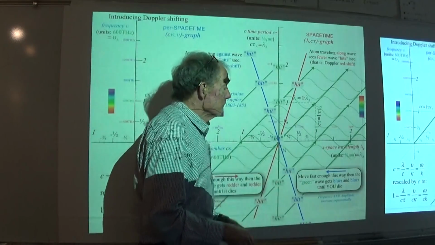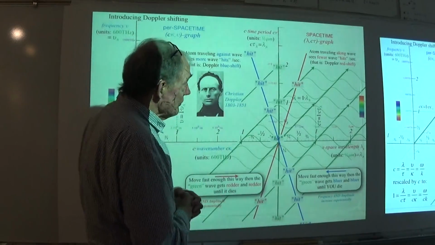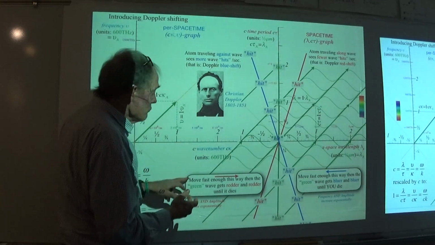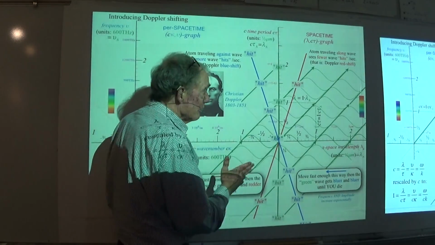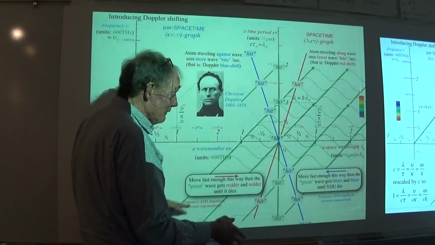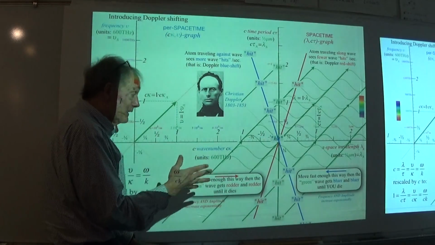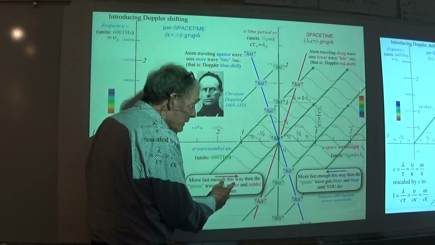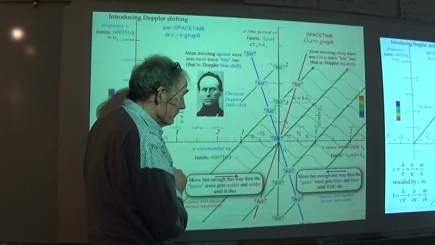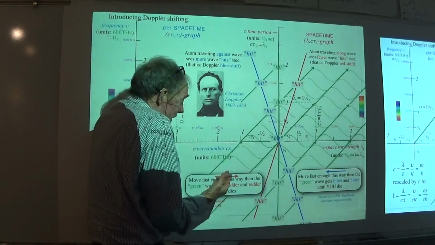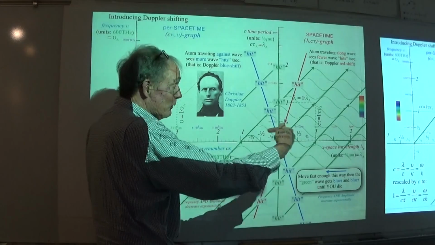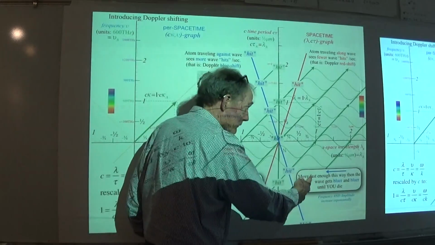So this is a crude picture, and the basic idea of it, and this is what we're going to see, is if you move fast enough this way, that is, if you get up to the wave speed, and if we're talking about light, that light wave will get redder and redder and redder, that is, becomes black, until it dies.